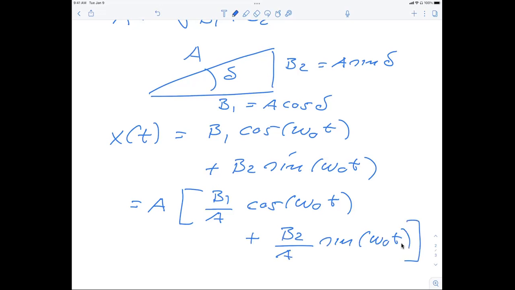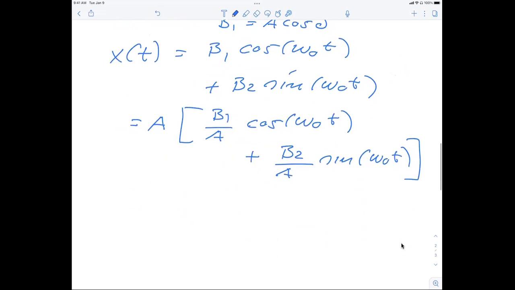And then what you see now, if I introduce these definitions, which I gave you here, in terms of a in cosine delta and sine delta, I can put them back into the equation here. So I have a b1, which now has an a times a cosine delta, and b2, which is an a times sine delta.